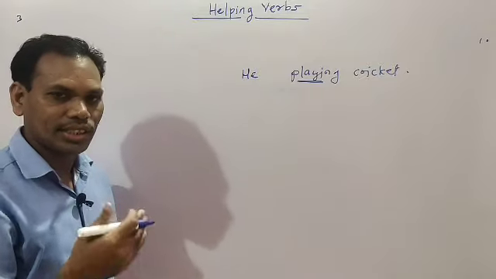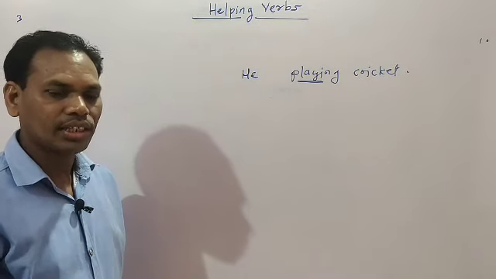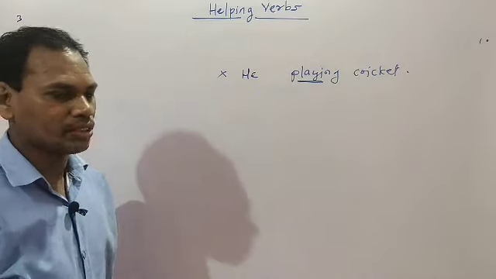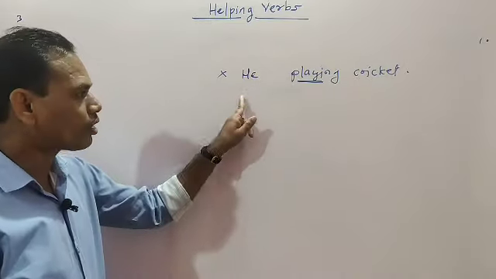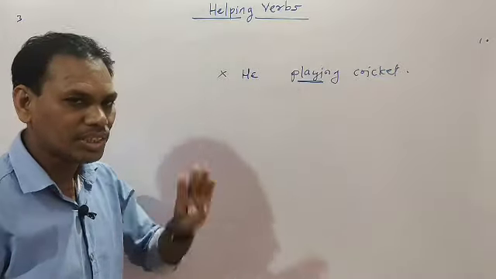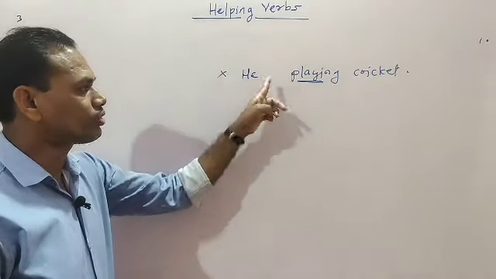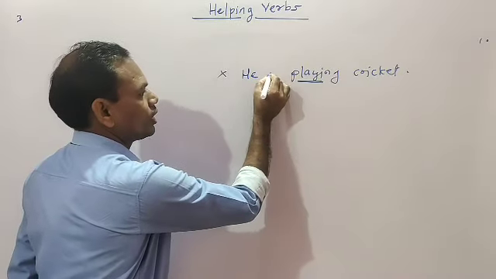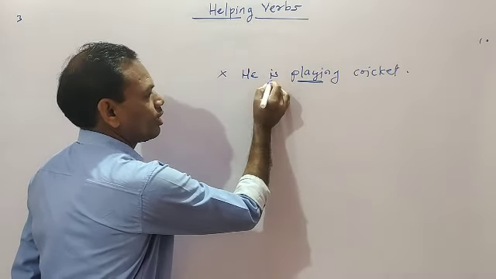Do you think that the sentence will carry a certain meaning? No, the sentence is incomplete without the helping verb here, or the sentence does not have any meaning if we do not supply the helping verb, right? And that's why is is a helping verb here.